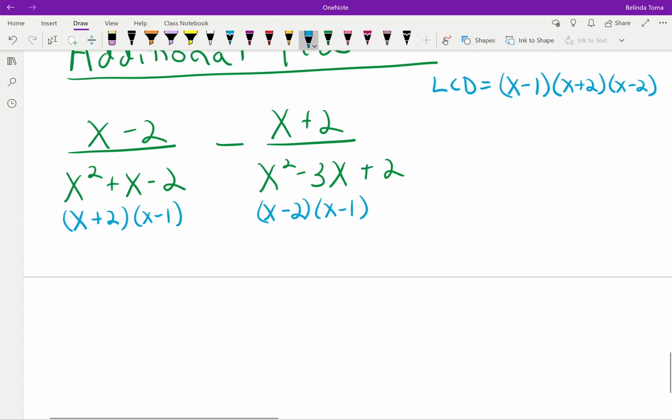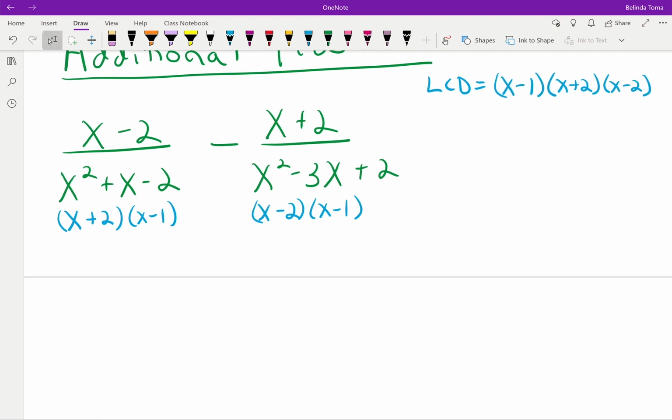So what I'm going to do then is multiply each fraction by what it's missing. So the first fraction, we have an x plus 2 and an x minus 1, so it's missing the x minus 2. So I'm going to multiply by x minus 2 over x minus 2.